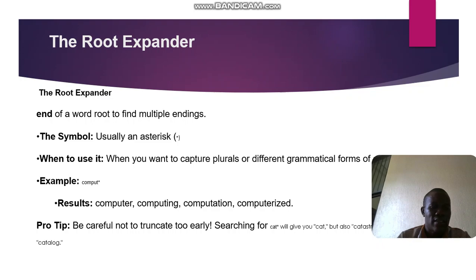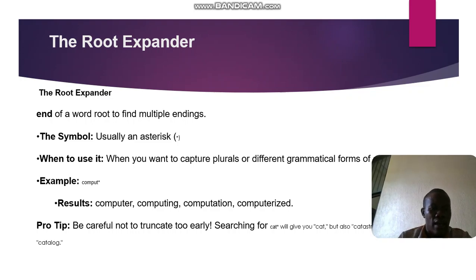Just by putting that, the results will include computer, computing, computation, or computerized. So it expands and brings the different grammatical forms of the word that you want to search. Then you select the one of your interest.